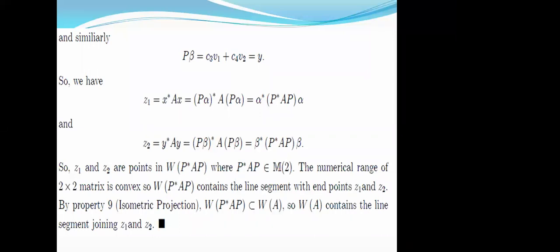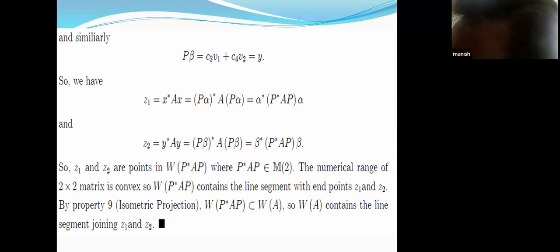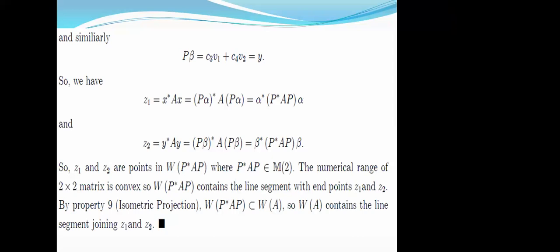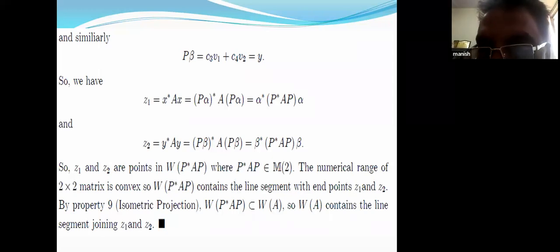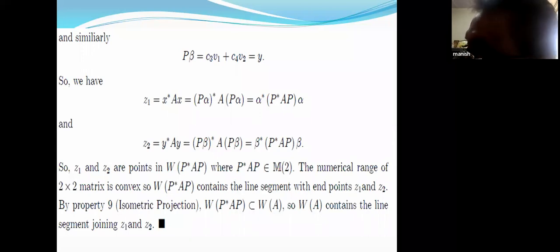Okay. Now one more question. The lemmas and theorems which you have proved are just for the n equal to 2 case. Yes. So in general, can we say the same thing? No, it is very difficult to say something about the numerical range of n by n matrices, as we will see in the next talk.